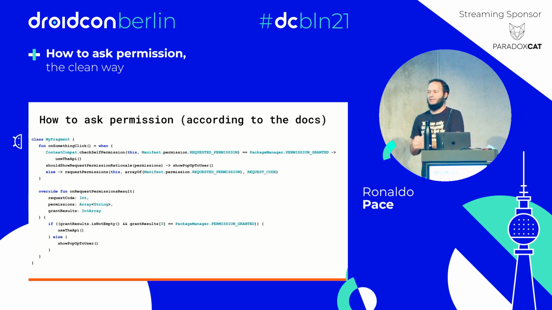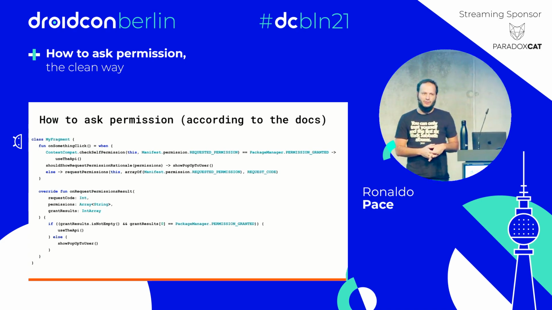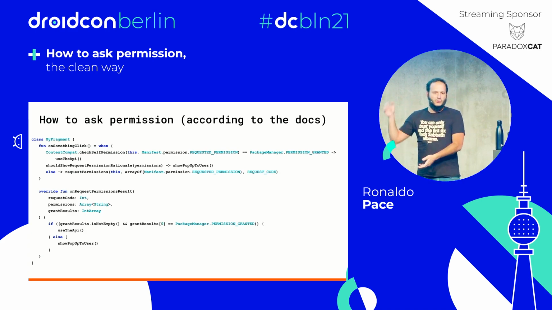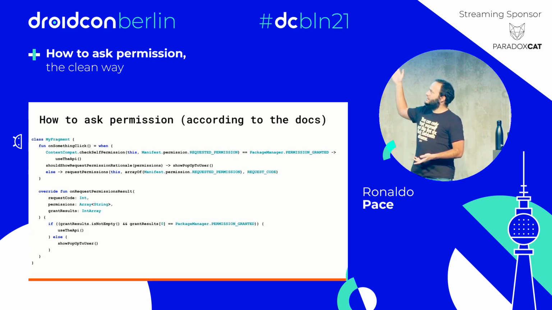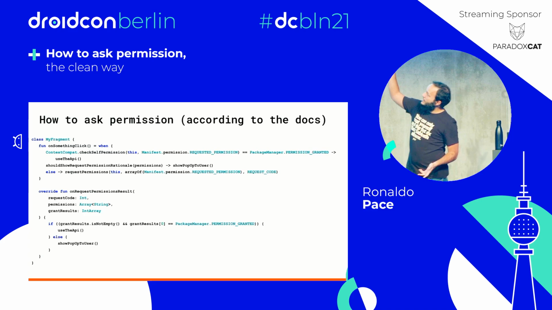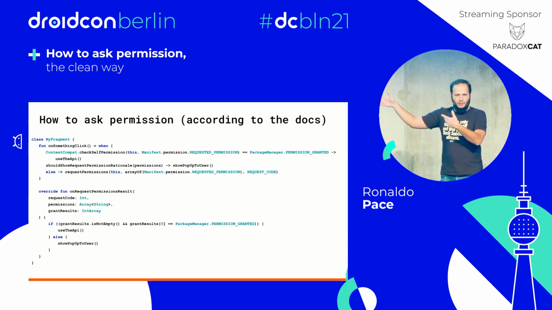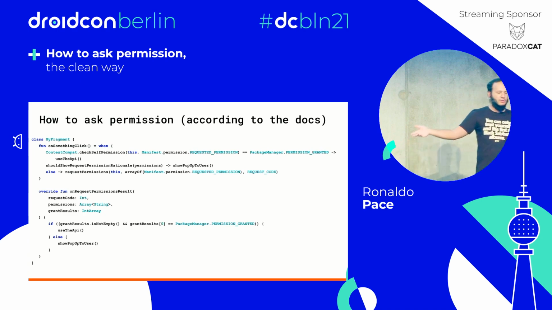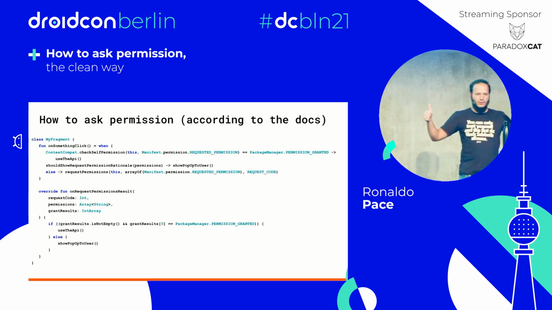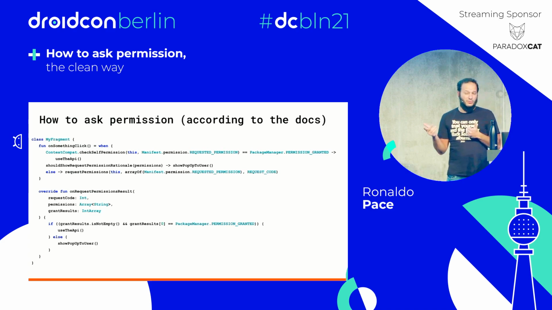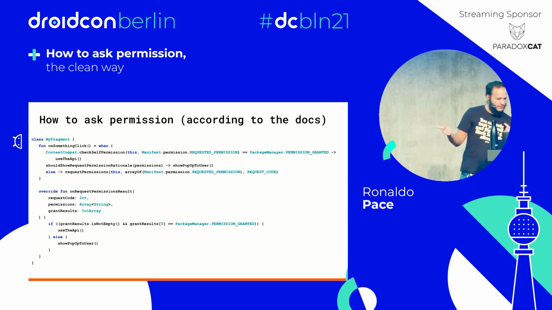So how do we ask permission, according to the official docs? I simplified little bits and bobs just to fit into a slide, but it's kind of like this. When the user clicks something, we check if we have permission to do whatever the API is that I'm going to need to use. If yes, permission granted, we go and use the API. If not, but we should request, we show the user the rationale.